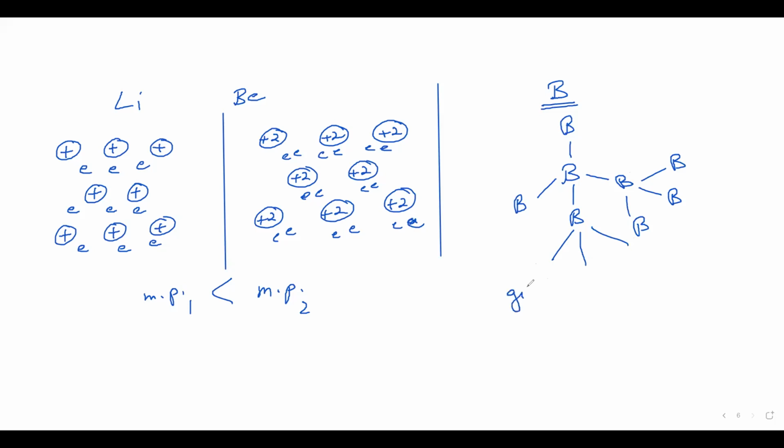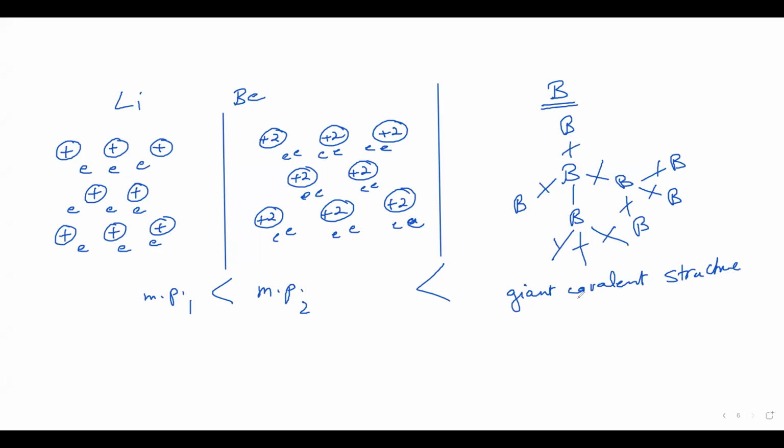The melting temperature of boron is greater than the melting temperature of both lithium and beryllium because it has a giant covalent structure. It has thousands of covalent bonds, and all these covalent bonds are strong, and it requires a big amount of energy to break all these strong covalent bonds in order to melt the boron.